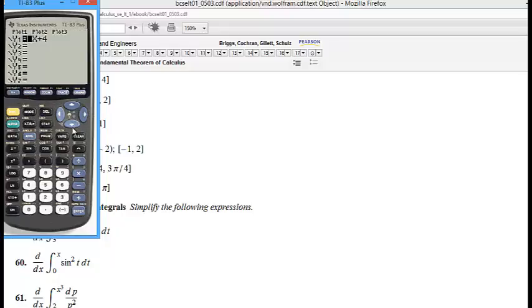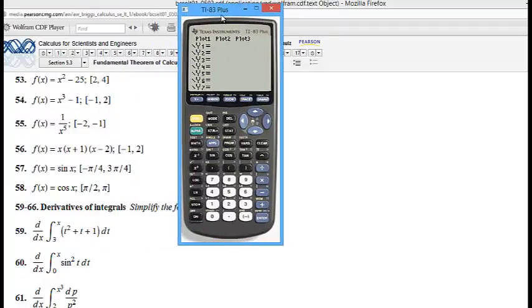So in the y equals screen, I'm going to type the function little f. It's t squared plus t plus 1, I know, but I'm going to pretend it says x squared plus x plus 1. Okay. And I'm going to go ahead and graph it. Cool. It's a parabola. I think I better hit zoom standard so that we're all looking at the same picture.